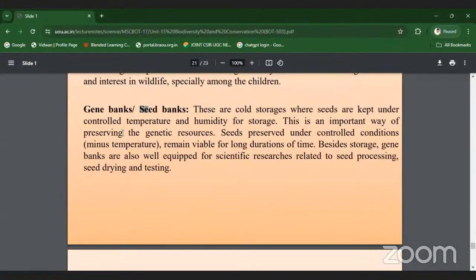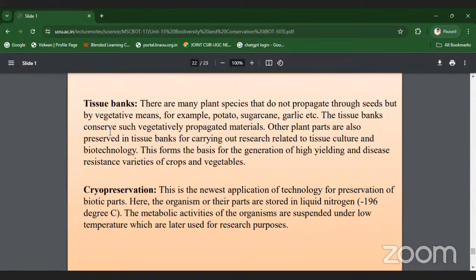Gene bank, seed bank for future uses. We collect the seeds from different plants, protect and store them for future purposes. Tissue bank is the same: tissue collected from the explant is conserved and stored in the lab.